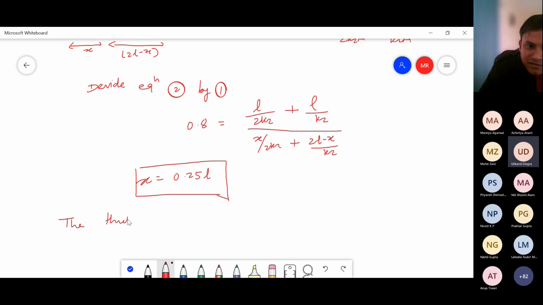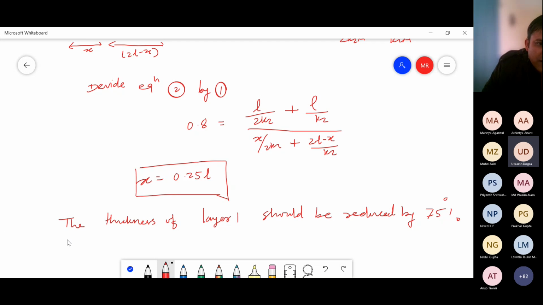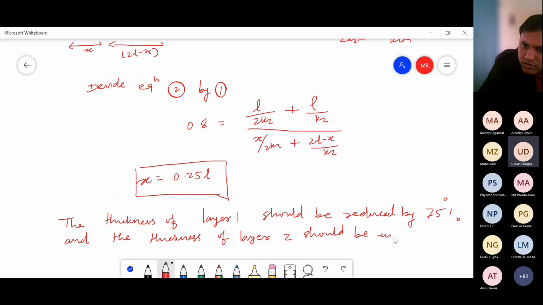The thickness of layer 1 should be reduced by 75%, and the thickness of layer 2 should be increased by 50%.